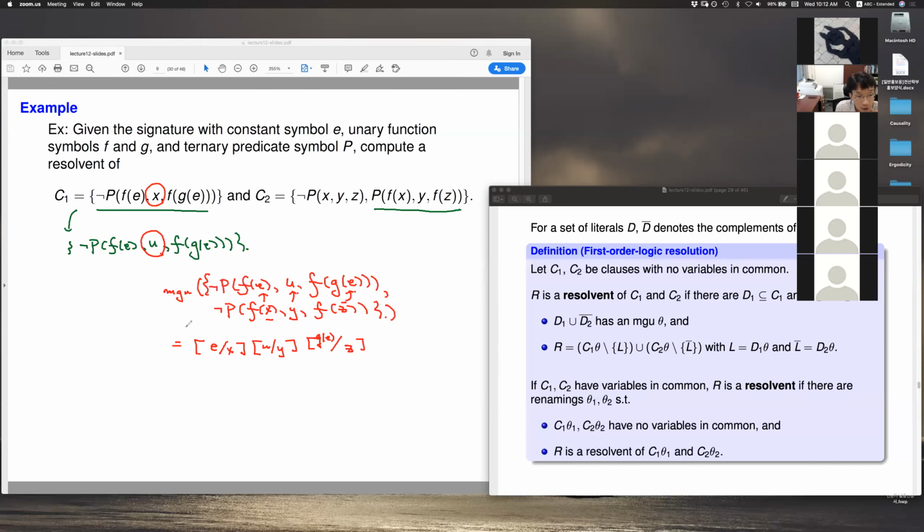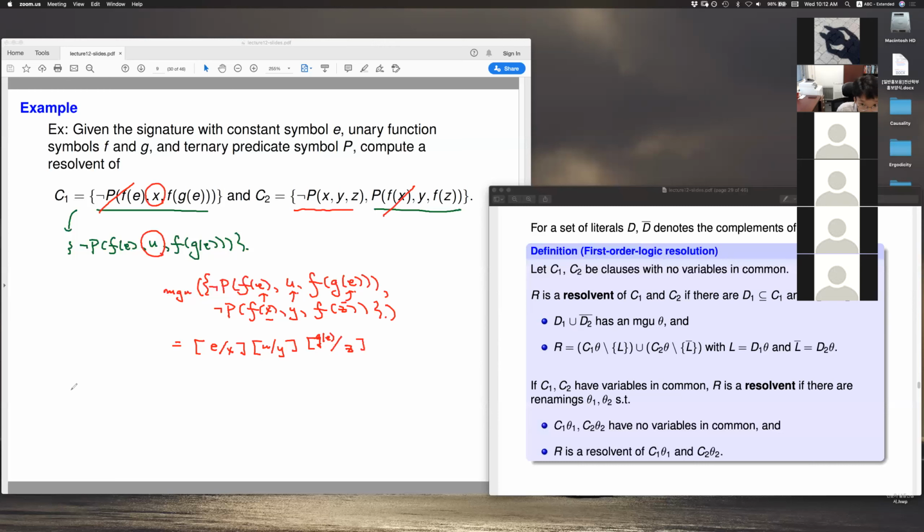Okay. And then the next step is we apply this substitution to C1 and C2 and cancel the corresponding literals, so cancel this one and this one. And then the only thing that remains is this one from C2.